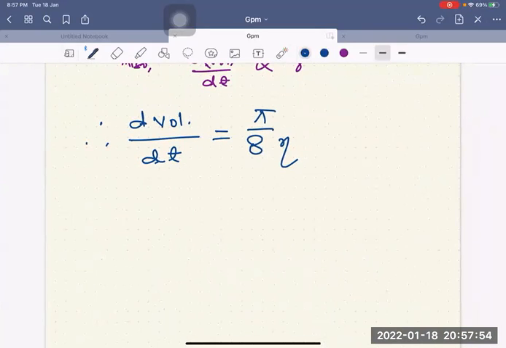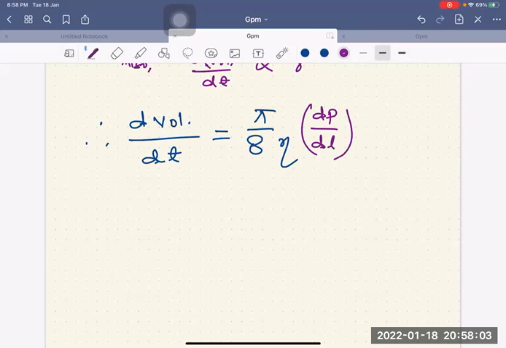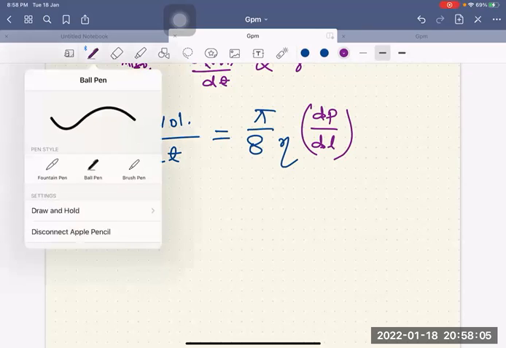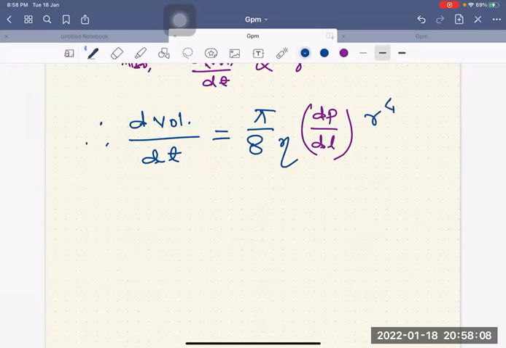And another factor, dP upon dl, and another factor, the fourth power of the radius. अब मैं इसको completely dP upon dl पूरा integrate करूंगा, तो we will get a simple relation here: pi by 8 eta, P upon L, ये total length L आ जाएगा, fourth power of radius, where P is what?